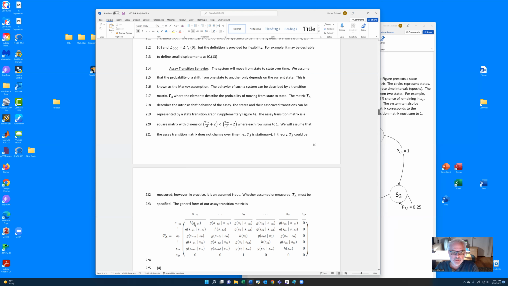For example, if the H's are big, it means that the system is very stable and tends to stay in the same state. And it'll stay here for a long, long time. Let's say H was 0.99 here. Well, given that it's in this state, there's a 99% chance that it'll stay there. And then we can give different values here for the leftover 1% of what happens if it decides to leave here, and so on and so forth.